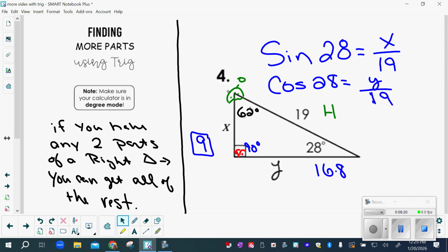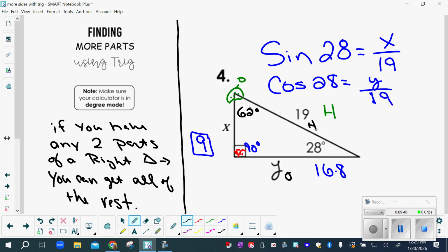From SOHCAHTOA's new standing place, things move from his perspective. I'm opposite right here. I'm opposite over here. I have moved. So if I do it from here, let's find Y together. He is my opposite, and here is my hypotenuse.